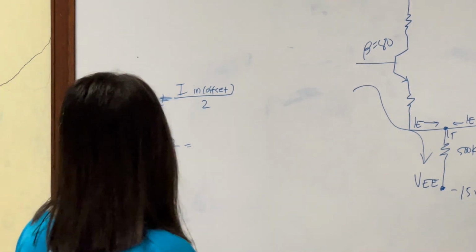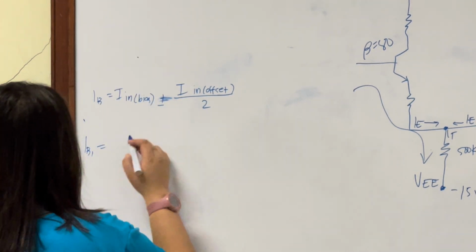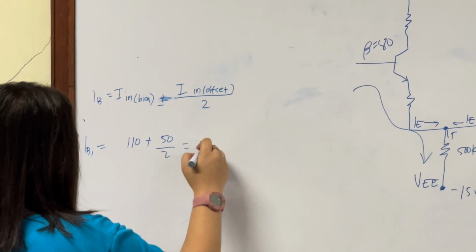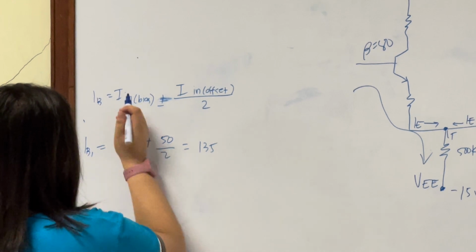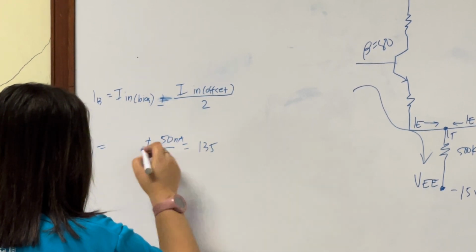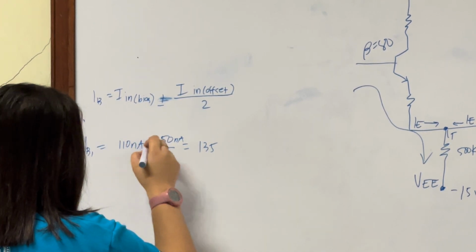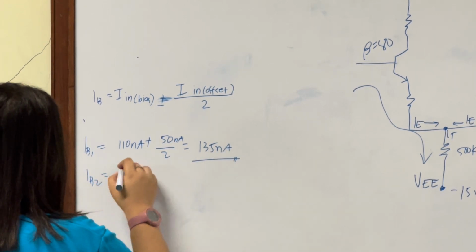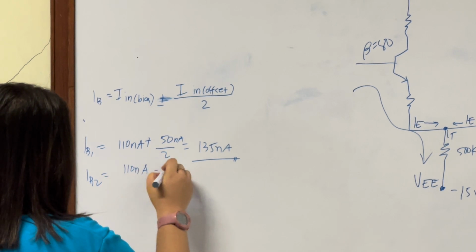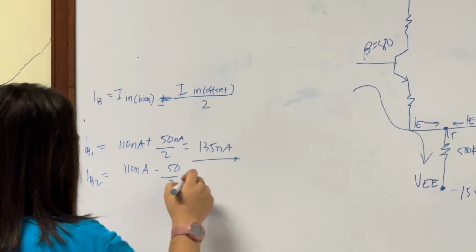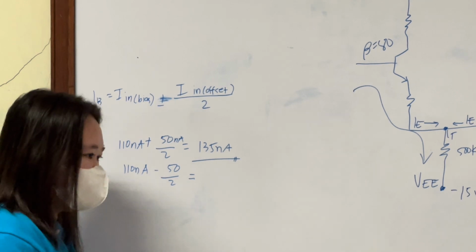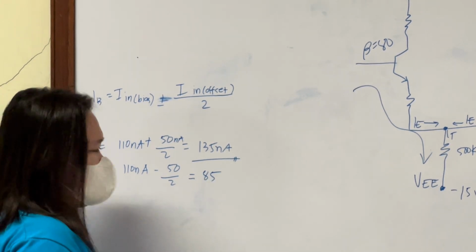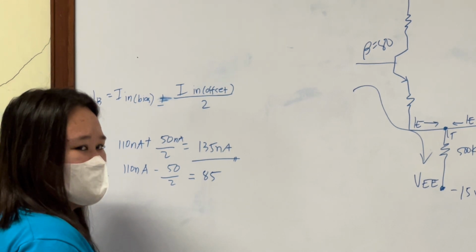So 110 plus 25. 135. 135 nano amperes. IB2: 110 minus 25. 85 nano ampere.